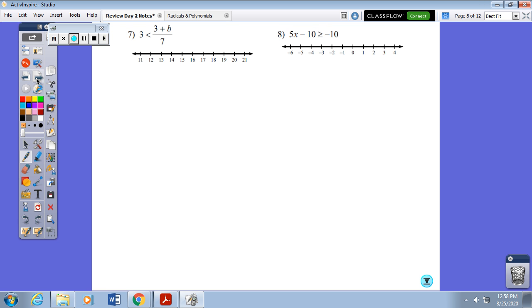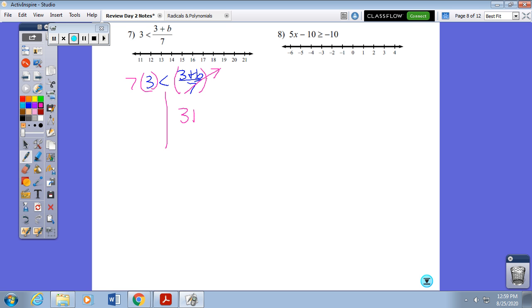Let's look at 7. Again, it's best to rewrite it. We're going to solve it like it's an equation. The only thing we do different is flip the sign if we multiply or divide by a negative. So, since 7 is here, I'm going to multiply both sides by 7 to get rid of this 7.